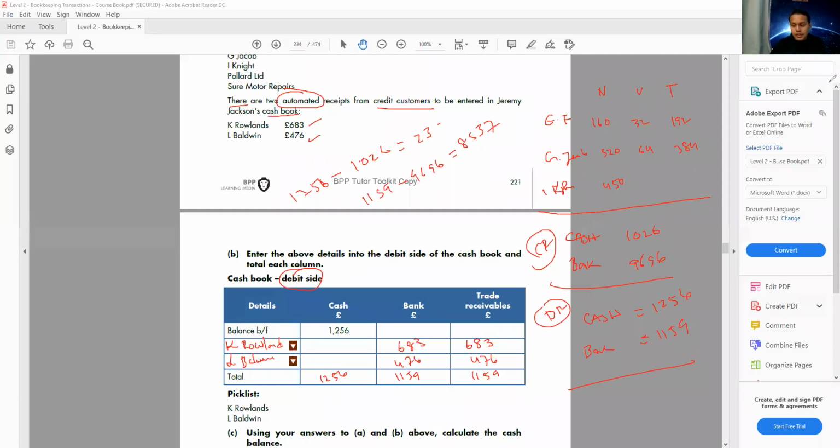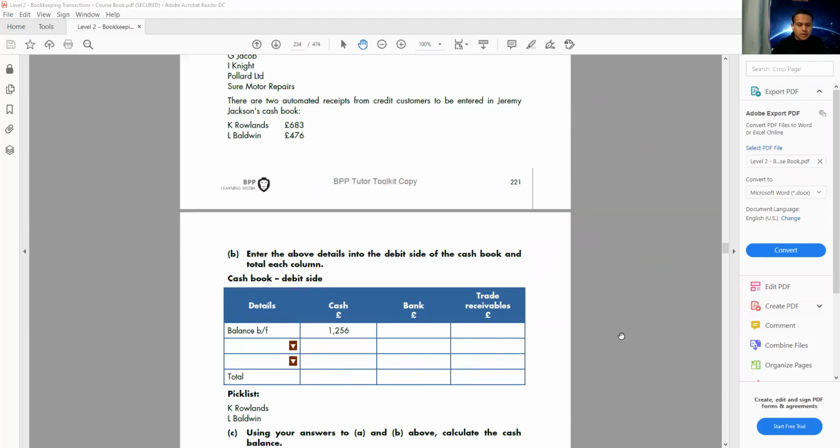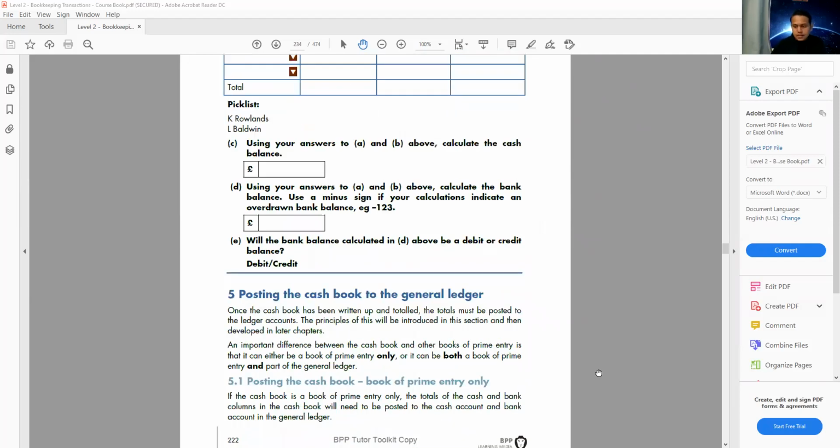So let's move on to the next question. Let's see what they're asking from us. Okay, the next question is asking, using your answers A and B, calculate the cash balance. How much will the cash balance be here? We already know it, don't we? You already calculated that.